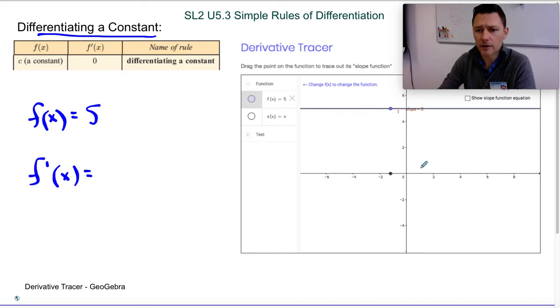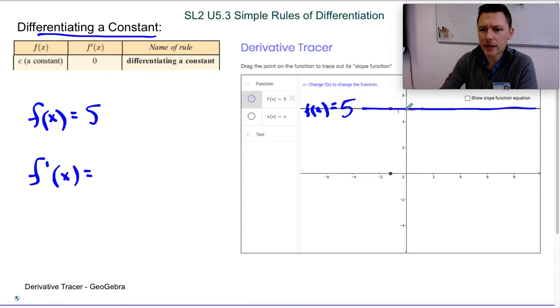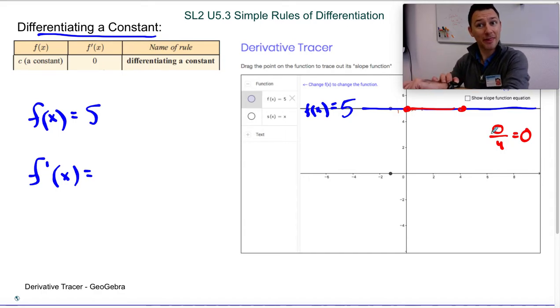So here's a line. This is f of x equals 5. And it's just this horizontal line. And so if you pick any 2 points, like that point and that point, it has 0 rise but some run. I don't know, 4, right? Its slope is 0. The point here would be 4, 0, right?